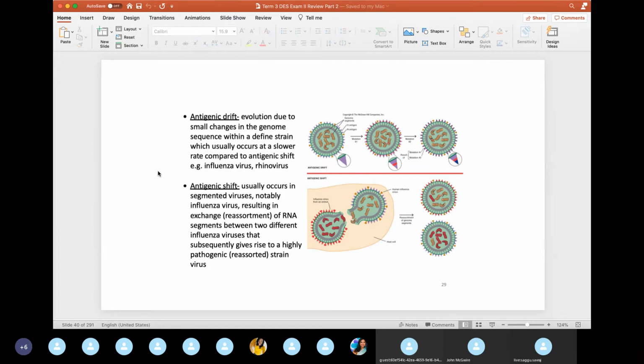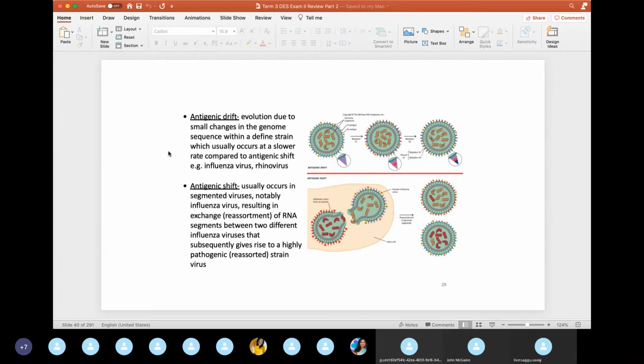Now, antigenic shift, this results in what? Reassortment of RNA segments, right? So which one do you think can cause pandemics? Is it the antigenic drift or the antigenic shift? Pandemic, right? Like the coronavirus pandemic. Which one? Is it the drift or the shift? Shift. Shift, exactly. Epidemics.